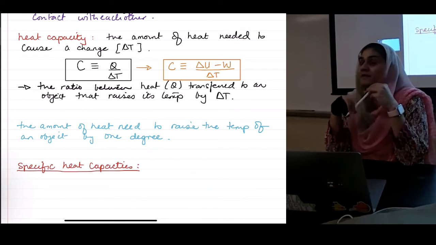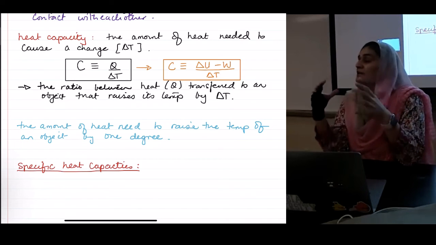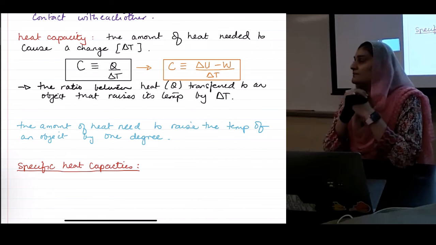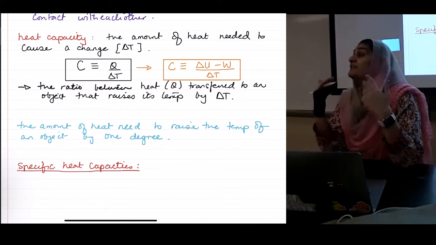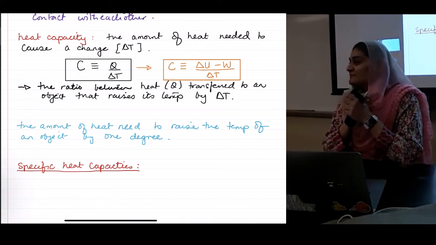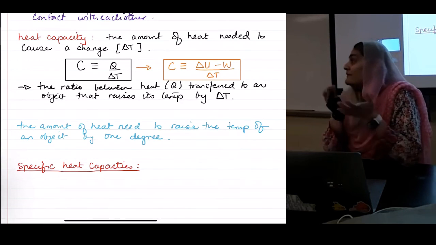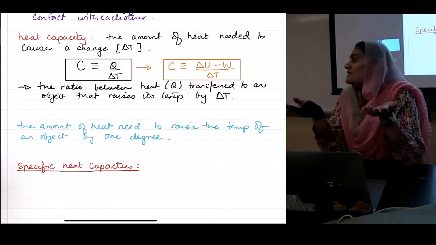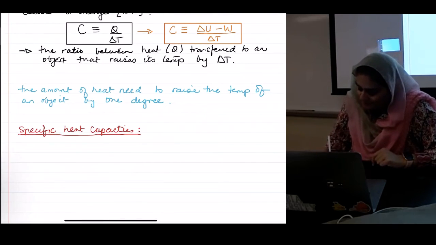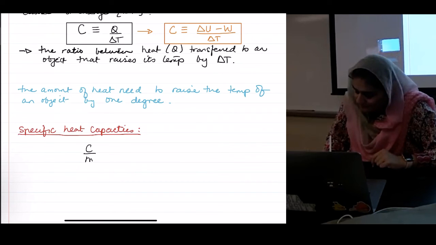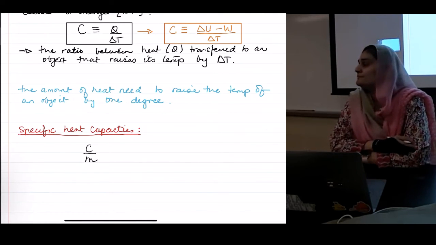I need to get rid of the mass that's involved. Mathematically, what would I do? Divide by a mass. That will get rid of the mass in my equation. I just divide it by the mass. C over M.